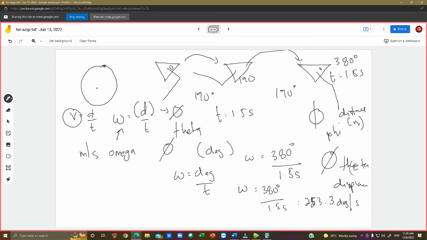Maksudnya dia bergerak daripada point sini sampai point sini selaju 253.3 degree per second. Every single second, this is the movement that's going to happen. Linear ke depan. Angular, berapa banyak rotation tu terjadi dalam masa tu. That is angular velocity.